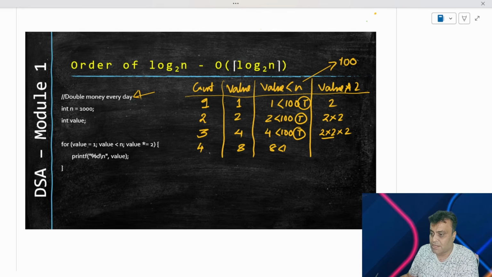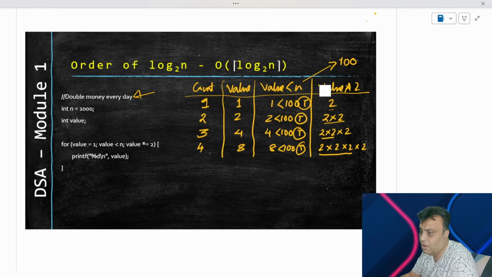And 8 is less than 100 is true. And therefore this loop will run 2 multiplied by 2 multiplied by 2 multiplied by 2. So this is coming from the previous step, like this came from the previous step, etc.